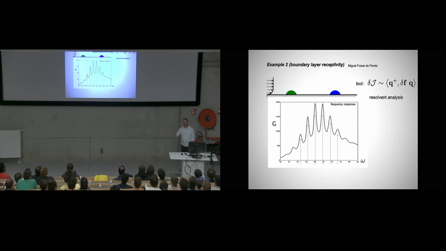That means we can now say, without any more simulations, without any more calculations, we have everything we want. We say, what happens if the Reynolds number goes up by 5%? Well, we just take all the terms in the equation that are multiplied by the Reynolds number, and we take our solution for the direct problem and the adjoint, we evaluate that scalar product, and we know what will happen.